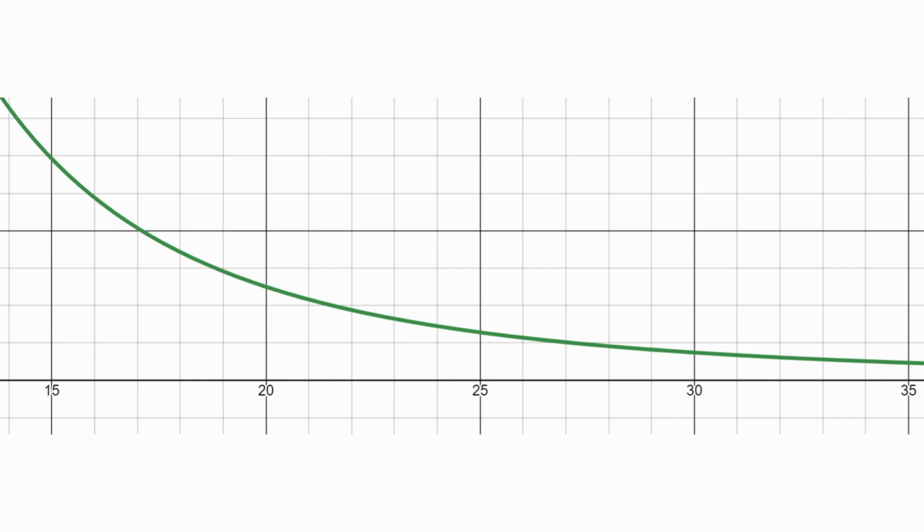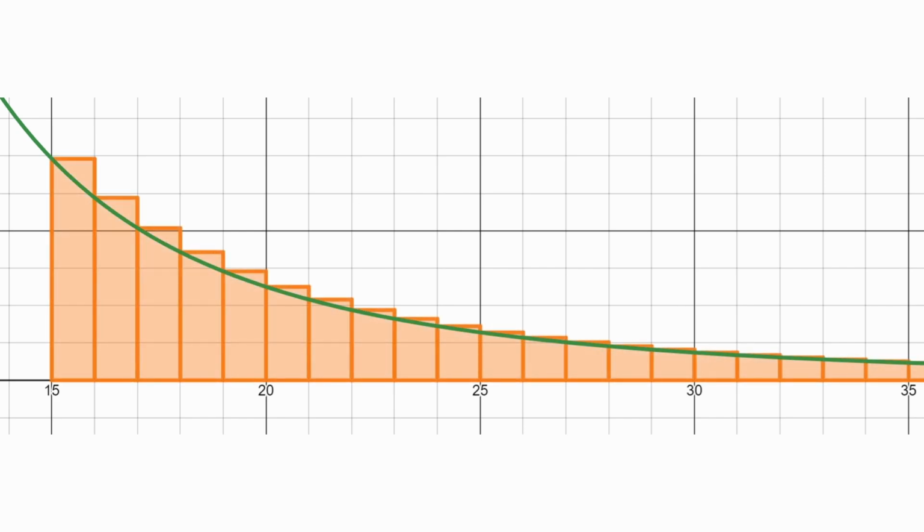If I wanted to consider the sum as n goes from 15 to infinity, this is the same as considering the area of these rectangles, which each have a width of 1 and heights of 1/15 cubed, 1/16 cubed, etc. The total orange area here is equal to that infinite sum. Notice that each rectangle touches the curve at its top left corner.